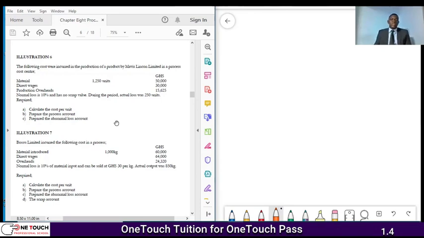Good. So let's look at this one quickly. That is Mavis Lincoln Limited. Part A is for us to determine the cost per unit.